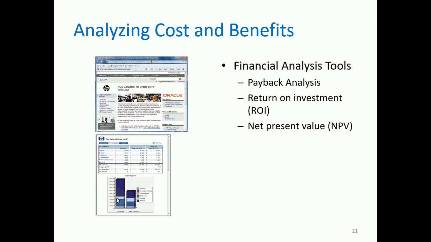So that is the return on investment. And then what is net present value? Net present value is the present value of the cash flows at the required rate of return of your project compared to your initial investment. So actually, net present value, or NPV, is the way of calculating your ROI.